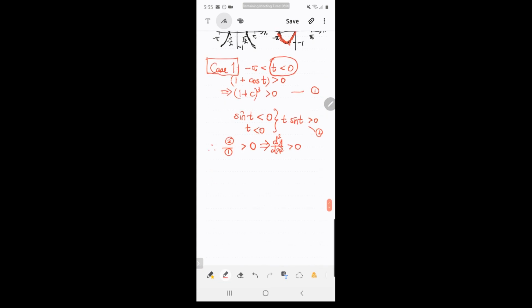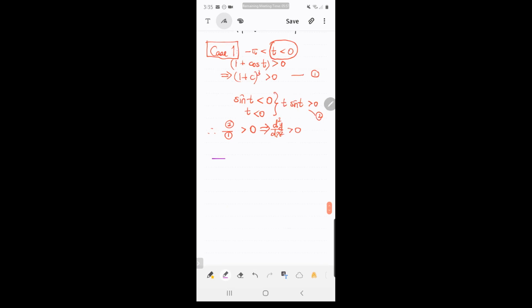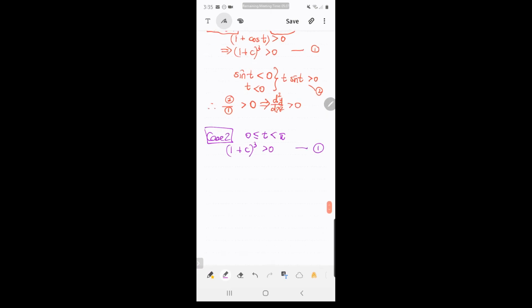Now we continue with case 2. Case 2, I use purple color. So consider case 2 now. Case 2 is when t is greater than or equal to 0 and less than pi. Same thing, you have 1 plus cos t cubed still greater than 0. This one is our number 1. Then after that, you have t greater than or equal to 0, and sine t is also greater than or equal to 0.